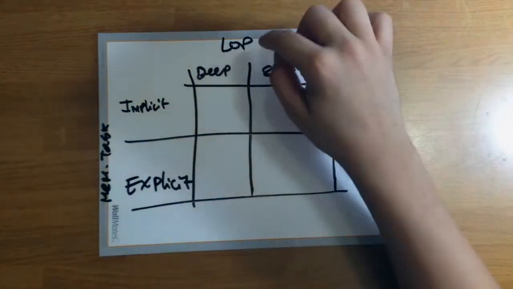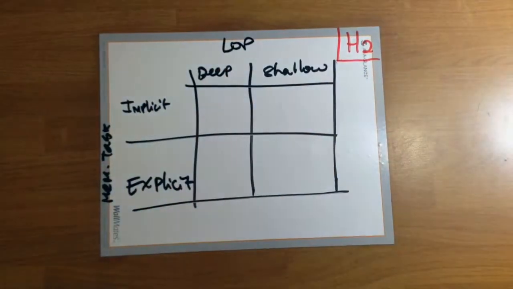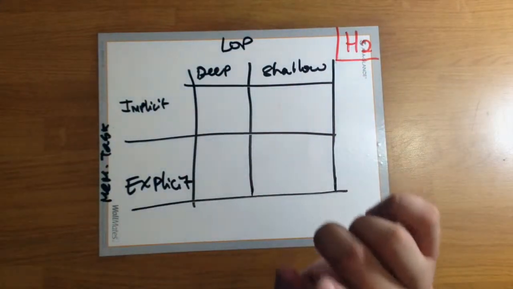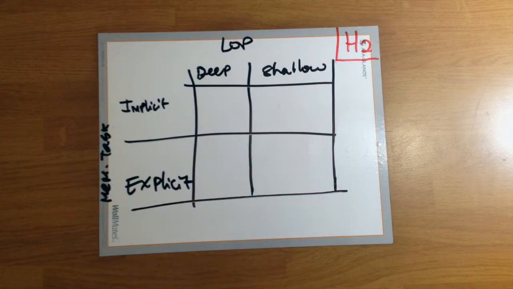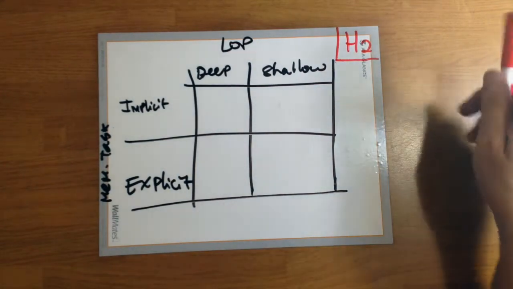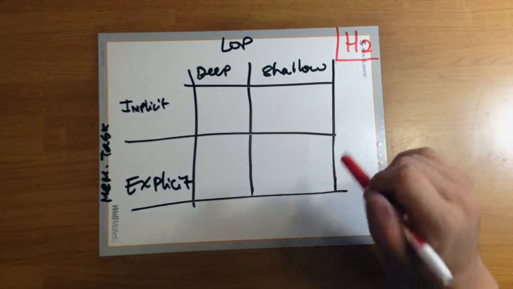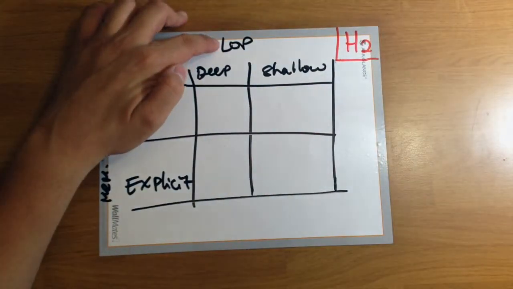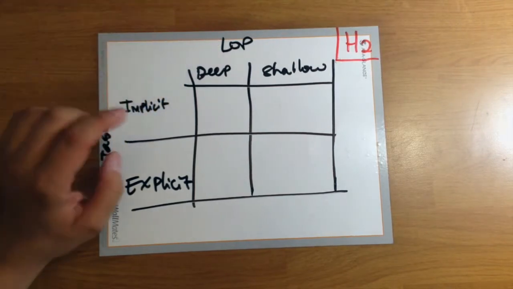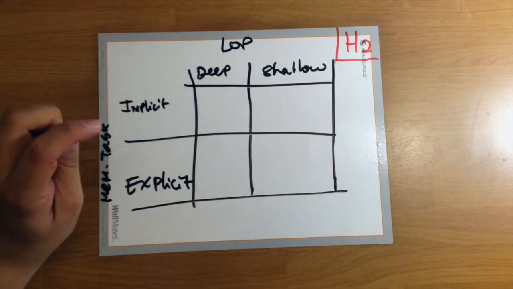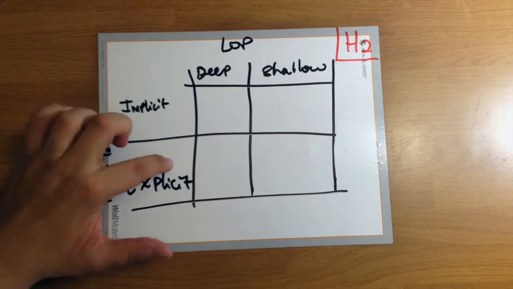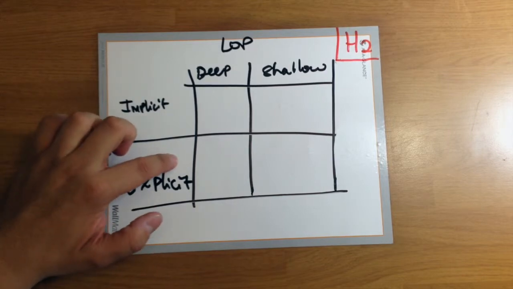Remember, LOP will have an effect differently depending on which level of the memory task. That's what we're talking about with dissociation. That's what we've been spending so much time talking about, dissociations and what they mean. What we believe is going to happen is that LOP will affect performance in explicit recall tasks more.